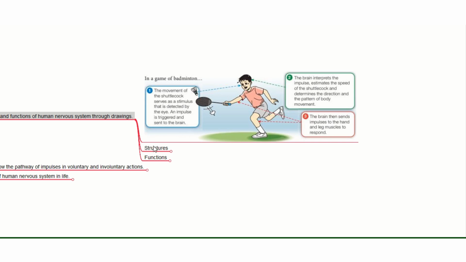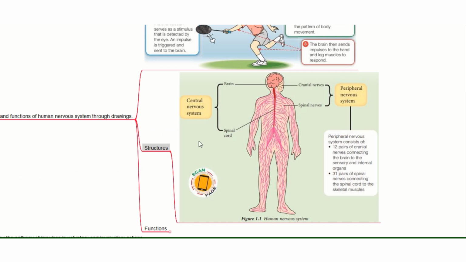Let's take a look at the structures. This is the structure of the human nervous system. The human nervous system consists of the central nervous system and the peripheral nervous system. The central nervous system consists of the brain and spinal cord, and the peripheral nervous system consists of cranial nerves and spinal nerves.